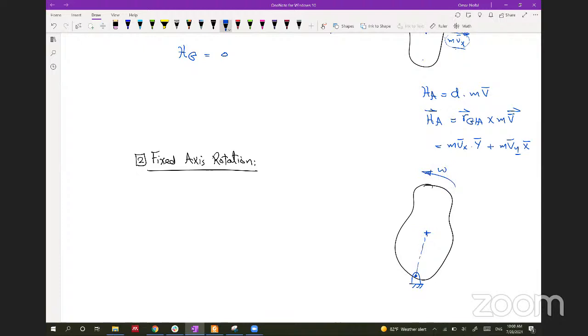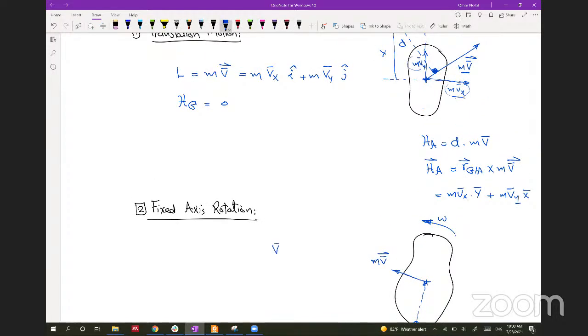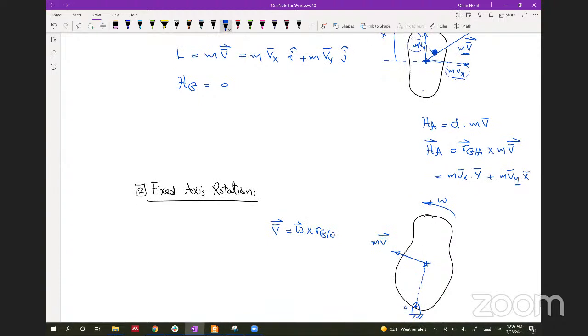If we want to get the velocity here, this will be m v bar vector, and you can get the v bar vector by crossing omega by r_G/O. So let's call this point O. You will get r_G/O, and this will give the v vector.